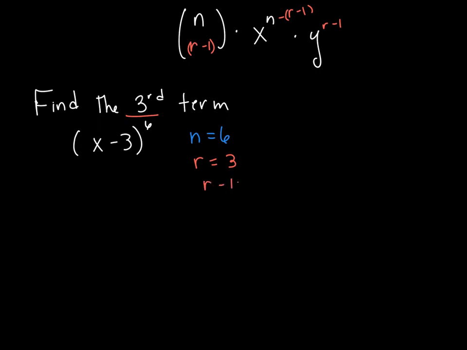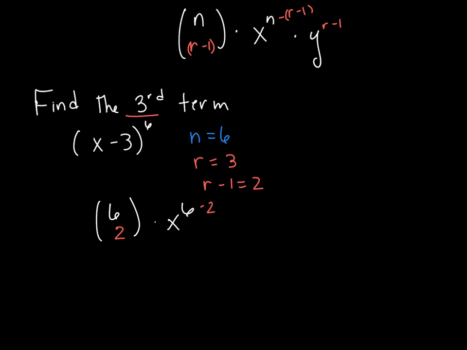So r minus 1 is equal to 2. And I like writing it this way because r minus 1 is what goes in the bottom of the combination. I subtract it from n, and it is the exponent of x. So to write this out, I get 6 choose 2 times x to the 6 minus 2.